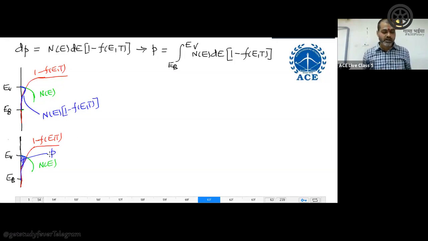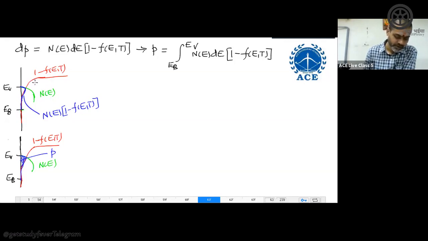So again here we need to make approximations. Okay. Again, our interest is not in the mathematical derivation or integration of this, but you must understand physically what they are going to represent. Okay. So try to understand this now. Now, the first approximation that we can make here, we can very clearly see, from this or even in this graph also, your 1 minus f of E comma T is becoming 0 before your EB itself.